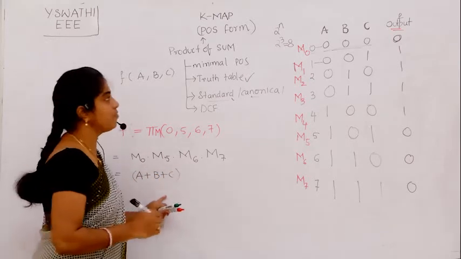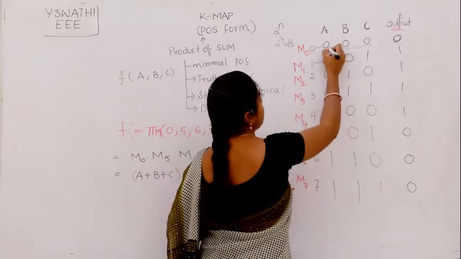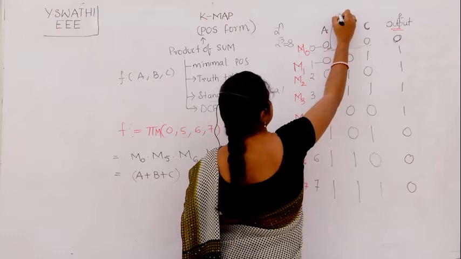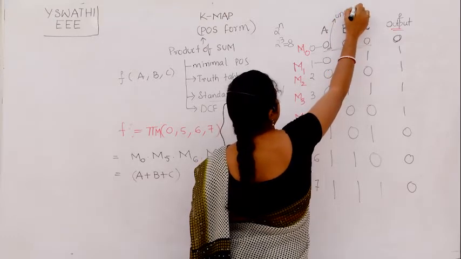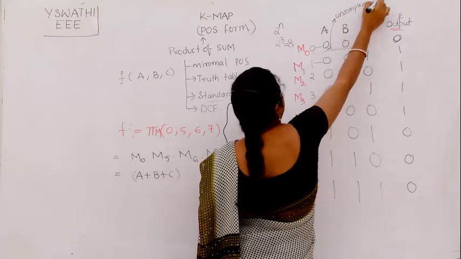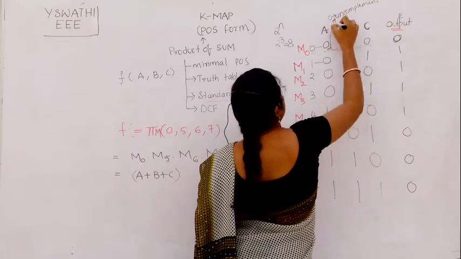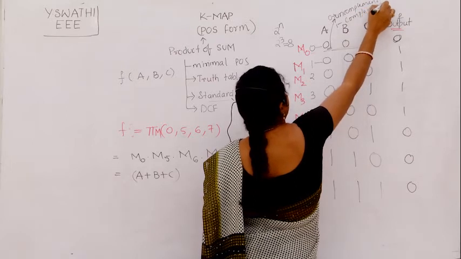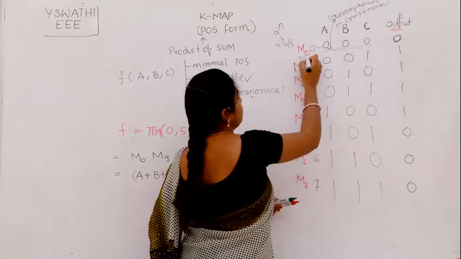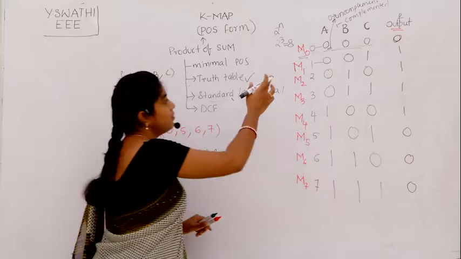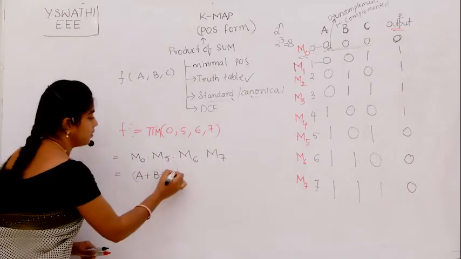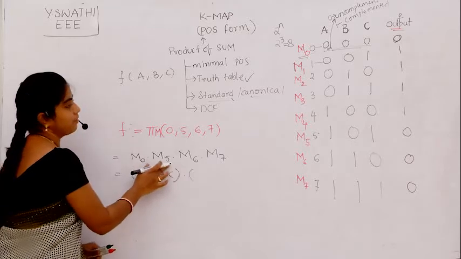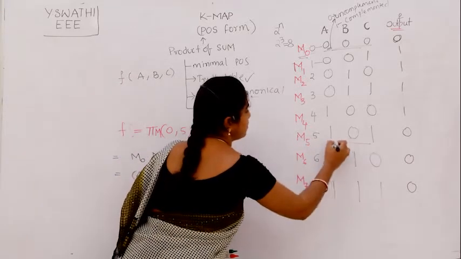Here, in the bitwise form, 0 represents the uncomplemented form and 1 represents the complemented form. And when we are writing a max term, we should sum the variables, okay? And M5 is 1, 0, 1.